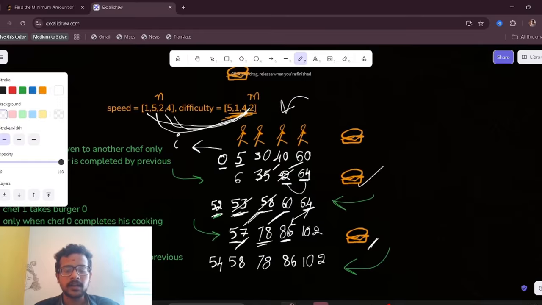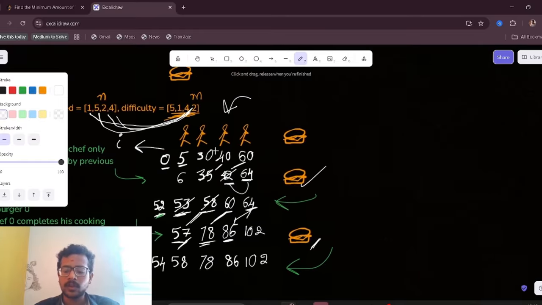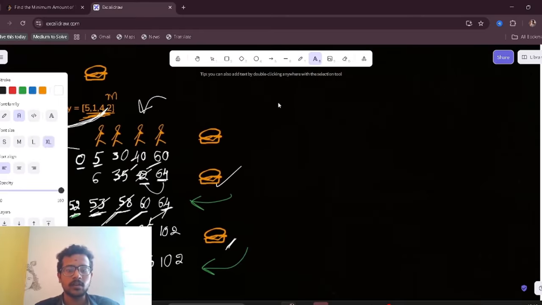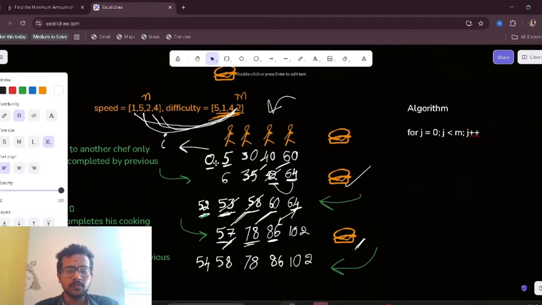So let me write the algorithm for you. Algorithm. Now I am going from i equal to, let me go with j, j less than m, so j plus plus. In this I am going from 0, 1, 2, 3 and so on. I am every time checking i plus 1 and i.